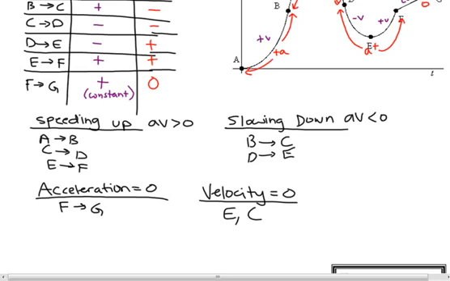We're talking about velocity, the slope of this graph. Cusps and corners are not differentiable. So we're just going to say E. It would be an endpoint, not a cusp.